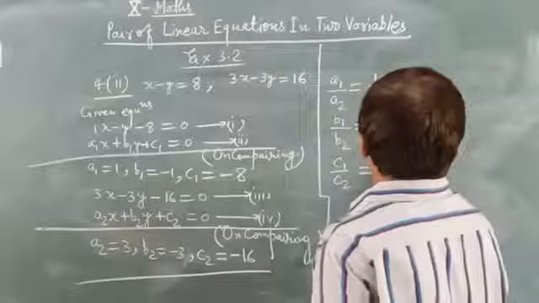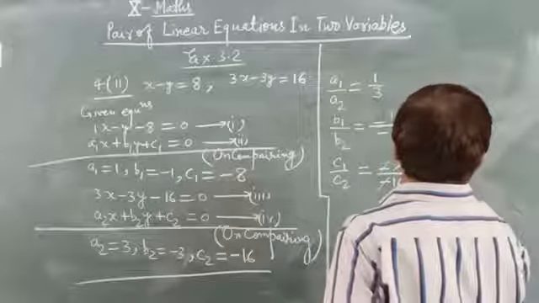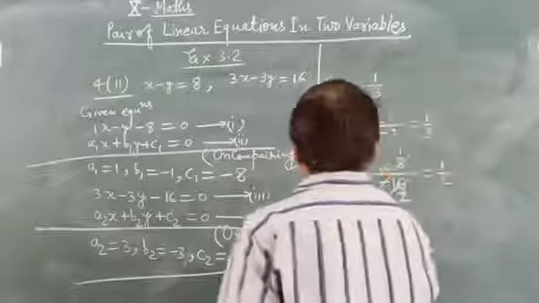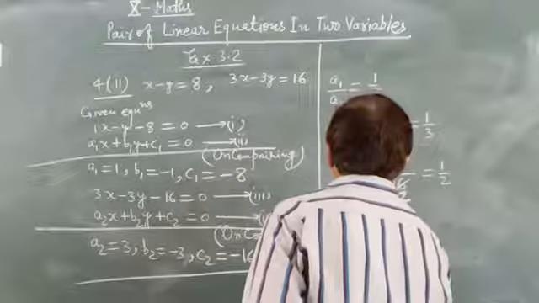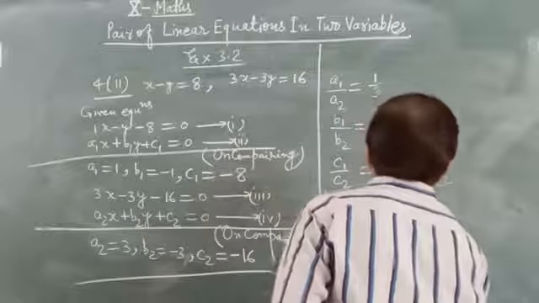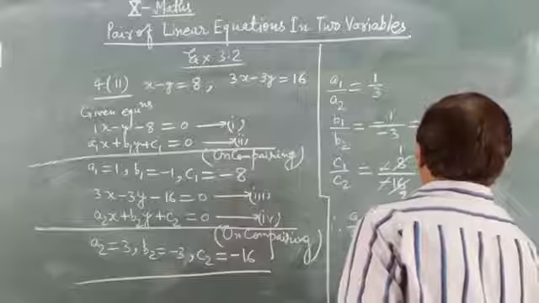The minus signs cancel out, 1 eight is 8, 2 eights are 16, equal to 1 by 2. Therefore a1 upon a2 equal to b1 upon b2, these two values are the same, not equal to c1 upon c2.